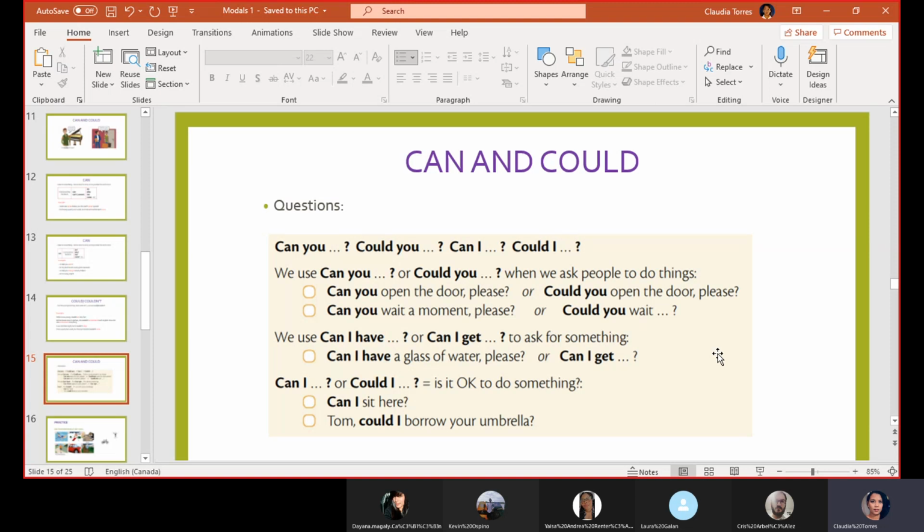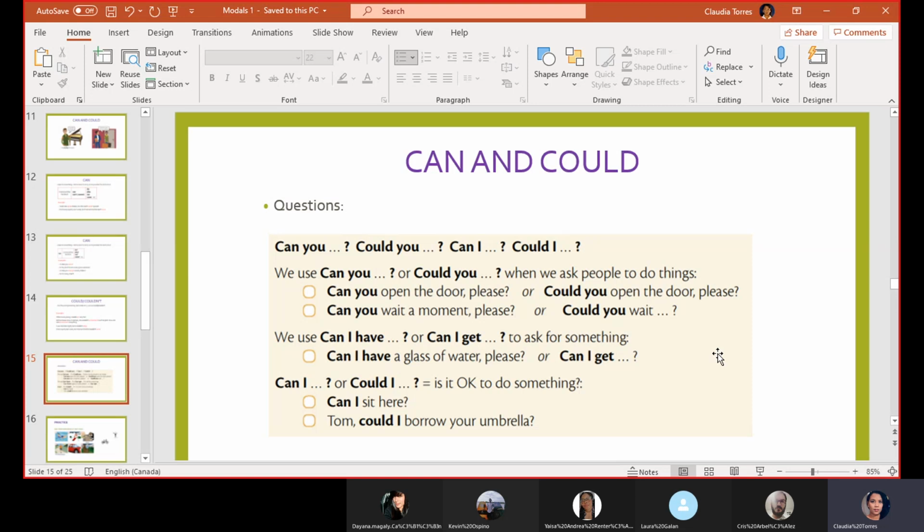So as you can see, it has three different uses. The first one is when you ask people to do things for you, like favors. The second one is when you're asking for food. Can I get a sandwich?